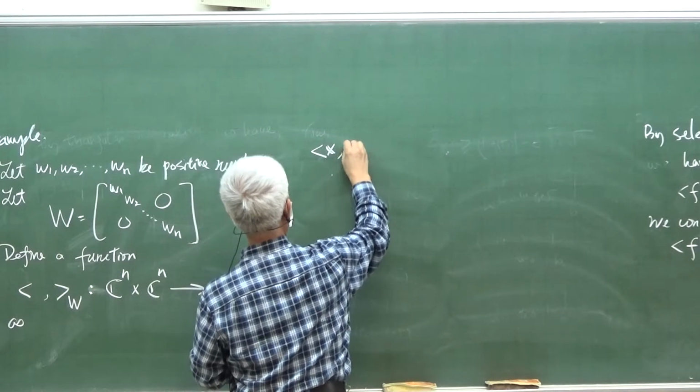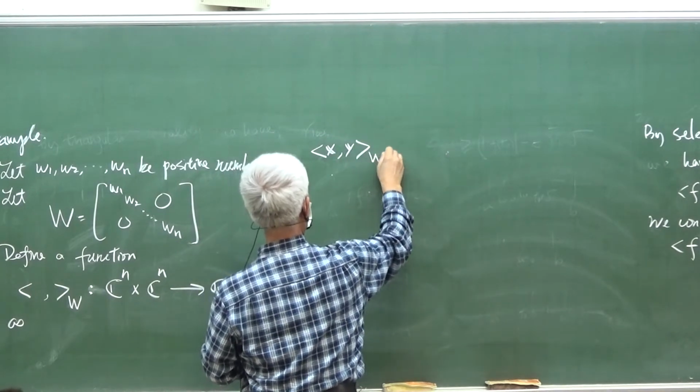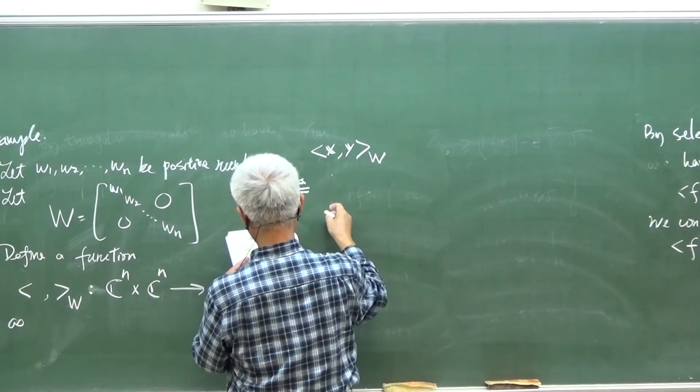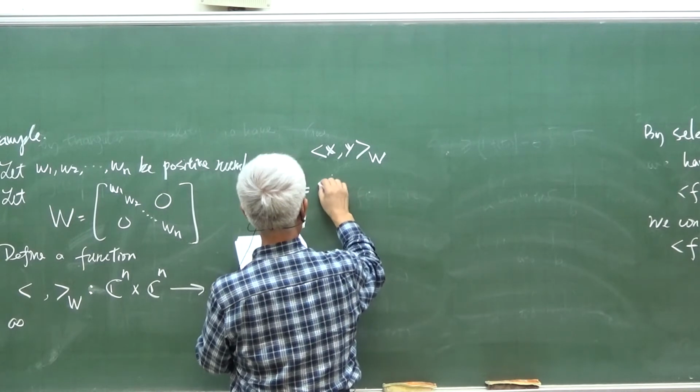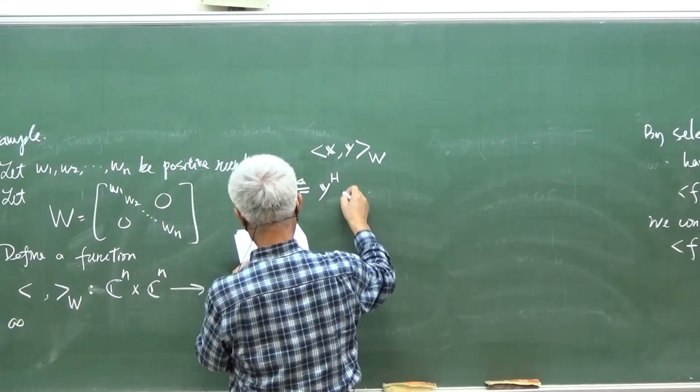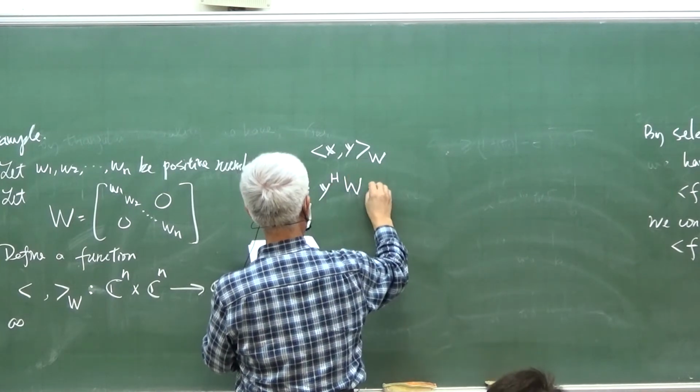The inner product of X, Y with respect to W is defined to be Y^H W X.